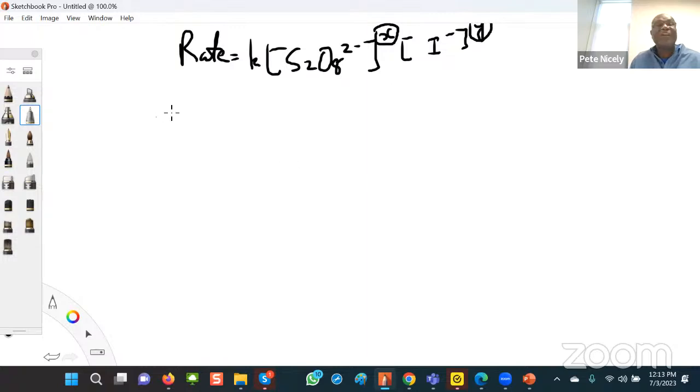So what I'm going to do now is write down an equation where the data for experiment 1 would be plugged in.